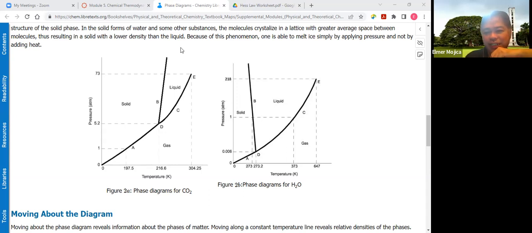When you have a dry ice, from the solid dry ice, it goes right away into a gas. Okay? And the phase diagram has something to do with it. So if you have at atmospheric pressure where it is equals to 1, dalawa lang yung possible na phases pwede mag-exist. Either solid form or liquid form like that.